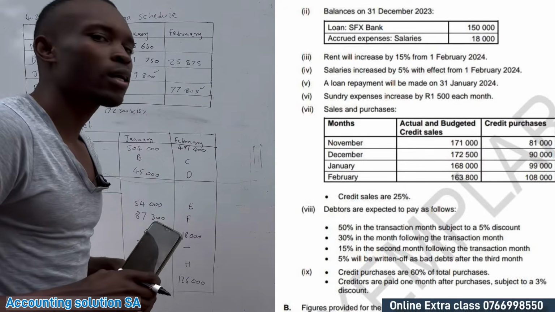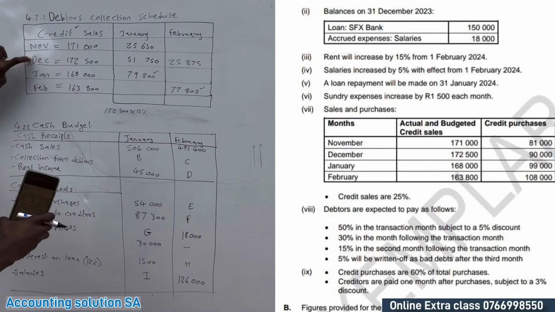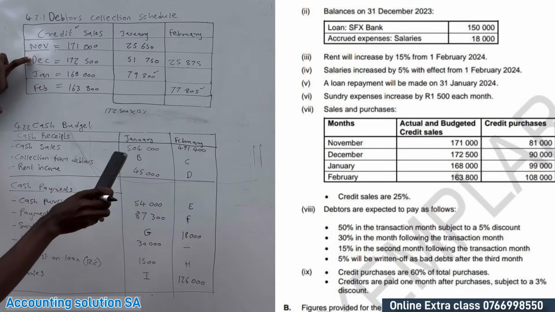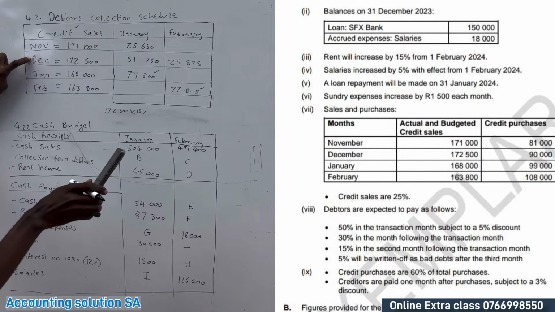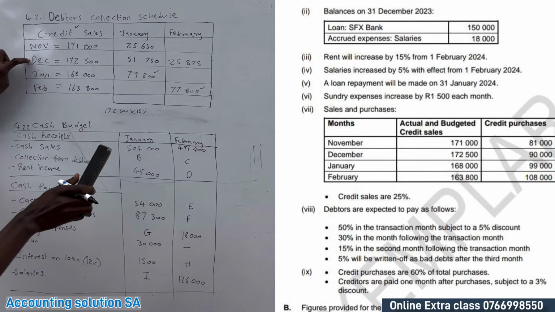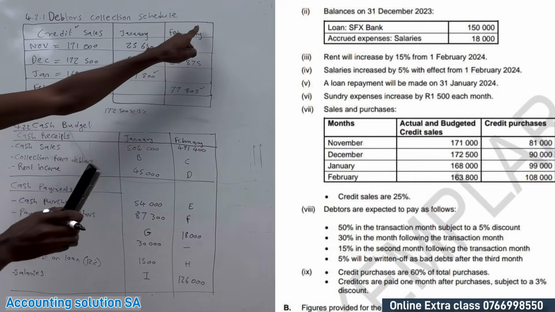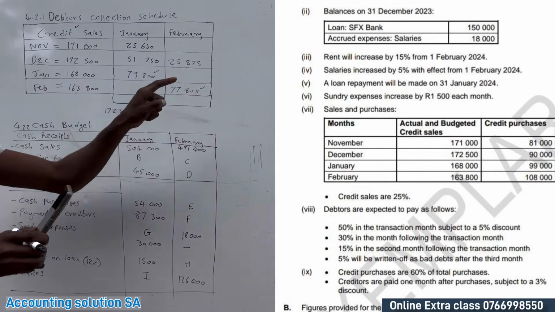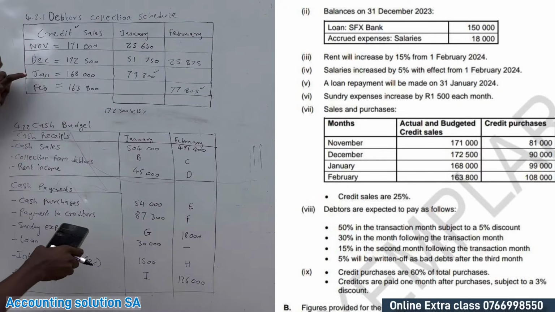Because it's after 2 months. They said 15% in the second month. Second month is after 2 months, which means you count from December: January and February. Then you meet February here and calculate that 15%. Very simple. Okay, now let's hold January.